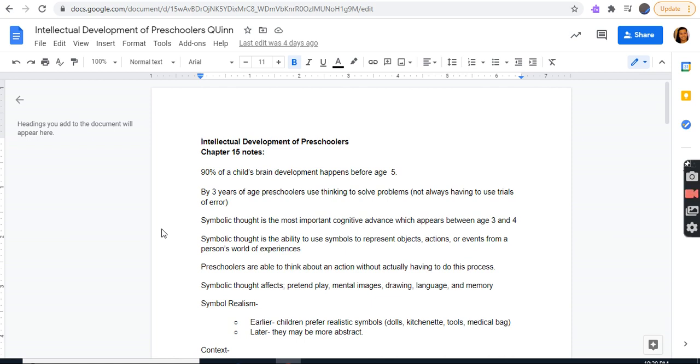Some kids are really smart, but most don't really know math. They don't even find math very interesting. But symbolic thought is the most important cognitive advance, which appears between ages 3 and 4. Symbolic thought is the ability to use symbols to represent objects, actions, or events from a person's world of experiences.